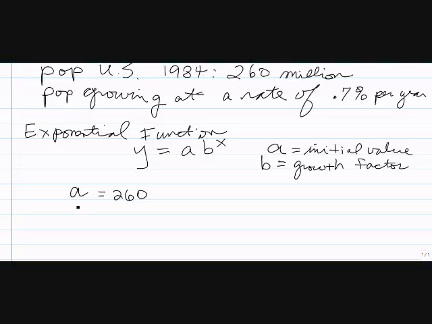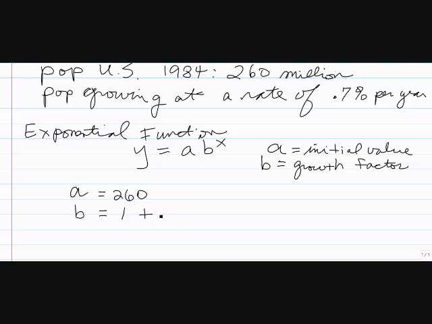And my growth factor, if I have exponential growth, that's going to be my percentage increase added to 1. If I have exponential decay, that's going to be 1 minus my percentage decrease. So, since this is growth, we'll say it's 1 plus 0.7%.